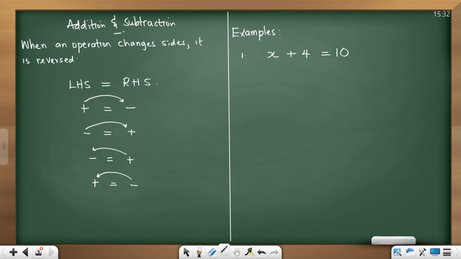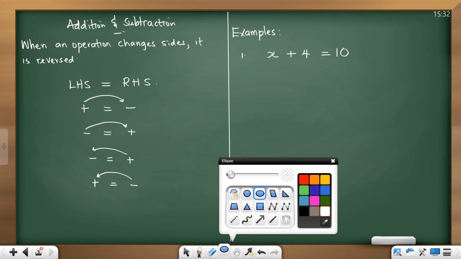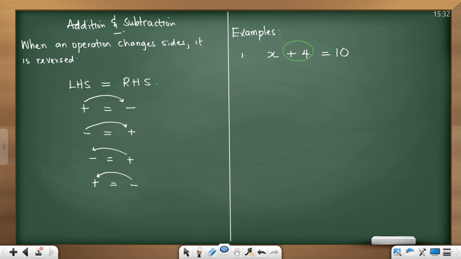Now, we said keep the variable on the left-hand side. So, I have to find a way of getting rid of that positive. It's an addition, right? Good. I'm going to move it from the left-hand side to the right-hand side, because I want the variable alone. So what am I left with? I'm left with just x.